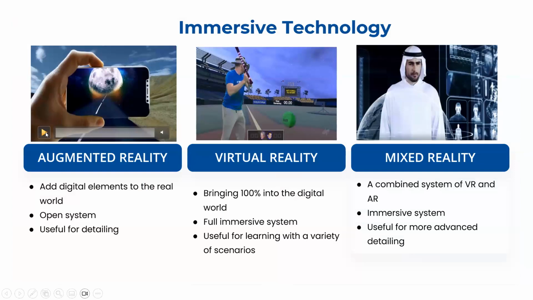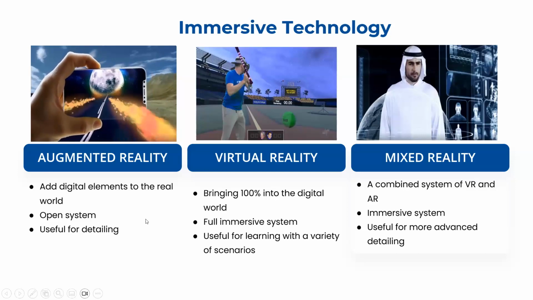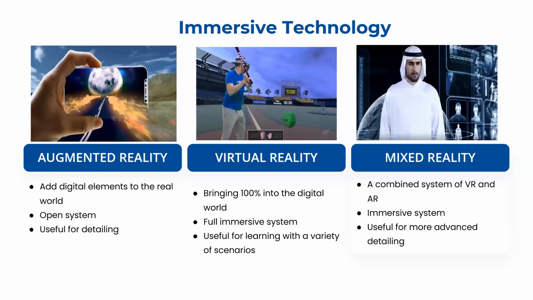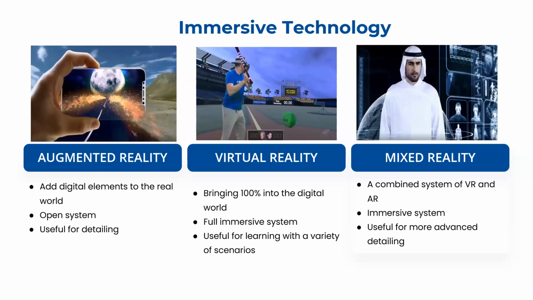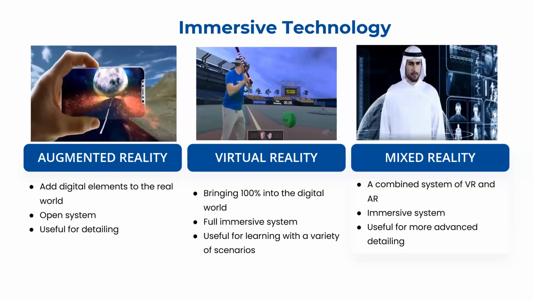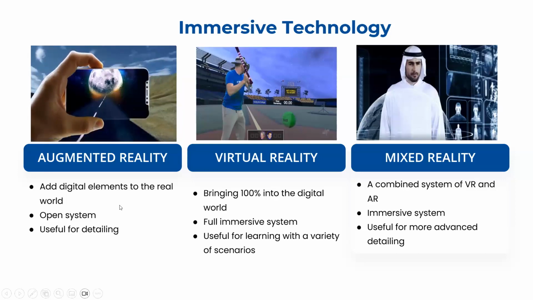For example, maybe you use Instagram filters daily or have played Pokemon Go, or you see a book which, when scanned by a QR code, displays a 3D object for detailing the object. For example, you can see the video on the screen.